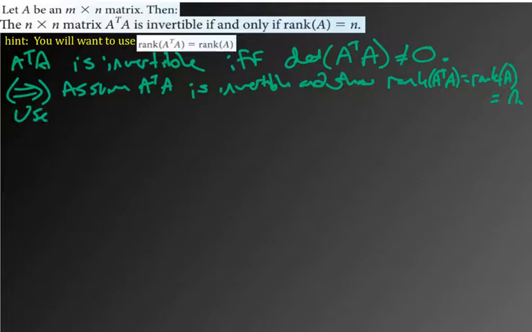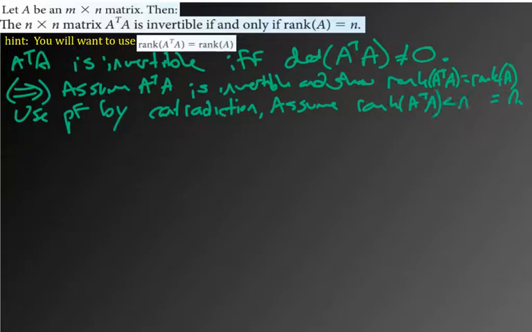And we are going to use proof by contradiction. So assume the rank of A transpose A is less than n, all right? So we're saying, what if it wasn't full rank? What would happen? Then there must be at least one 0 row.